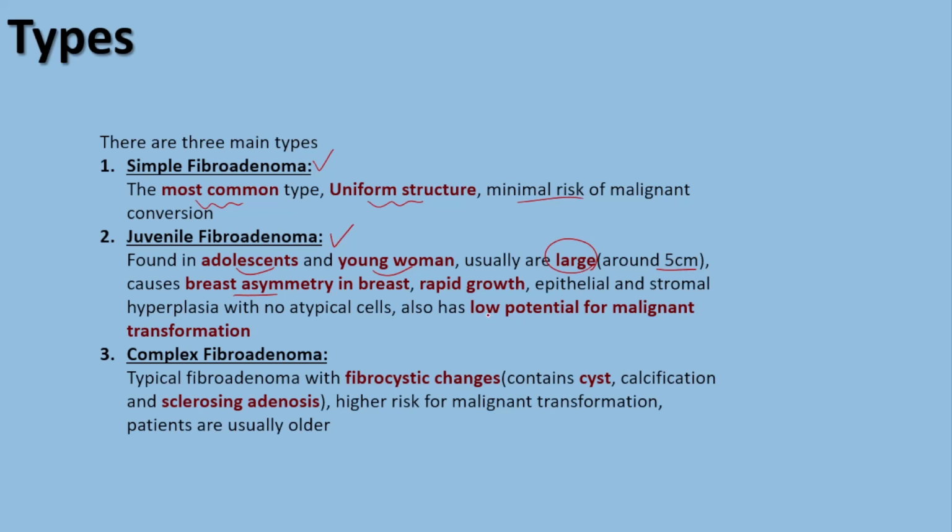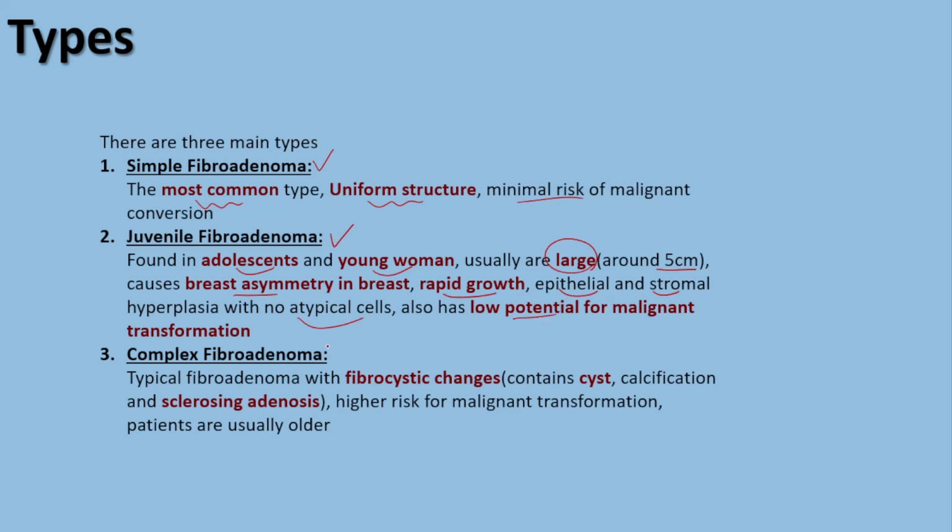And note that this type actually has a rapid growth rate and has epithelial and stromal components, and in this type you are going to see epithelial and stromal hyperplasia, but there are no atypical cells in the tumor, and as a result this tumor also has low potential for malignant conversion.